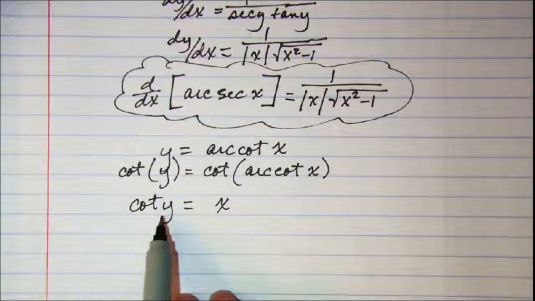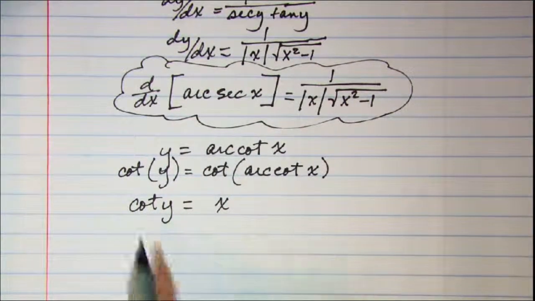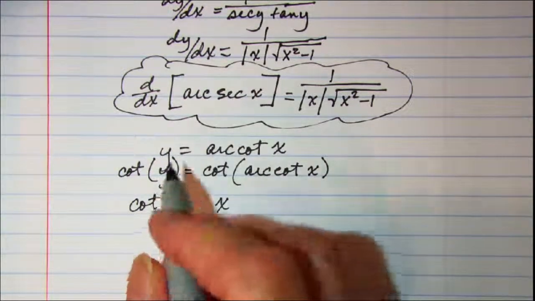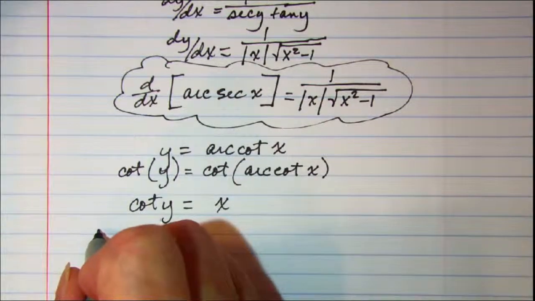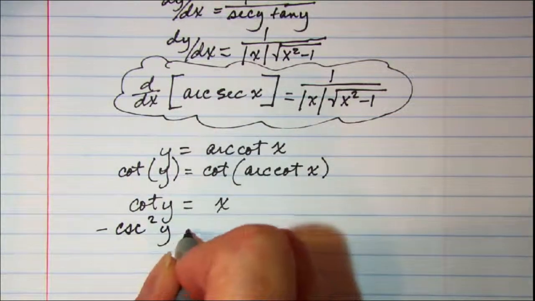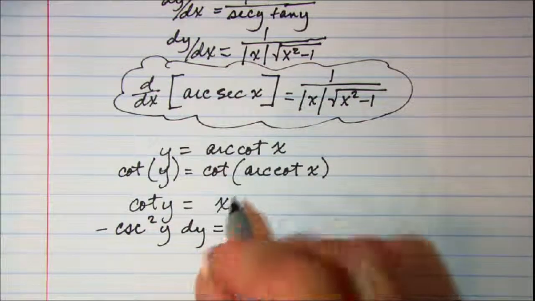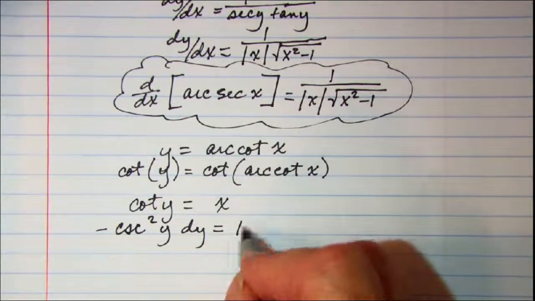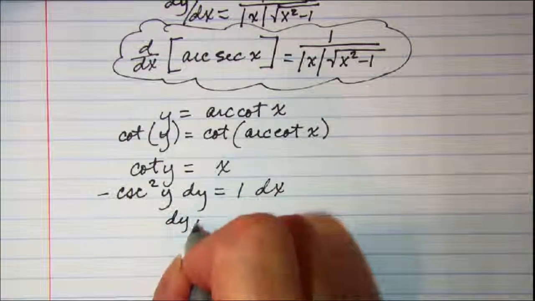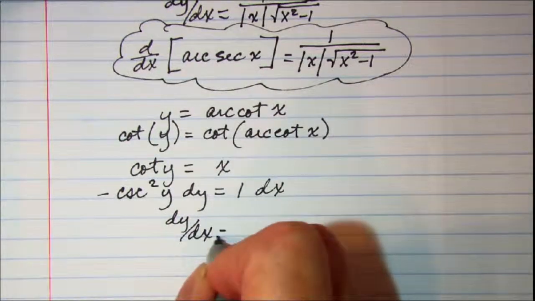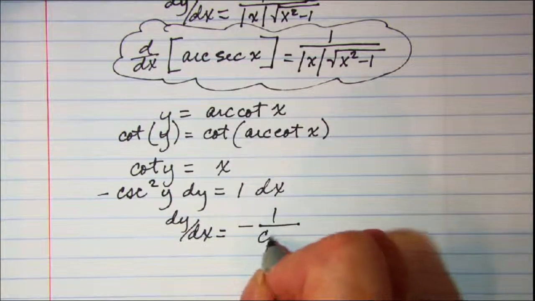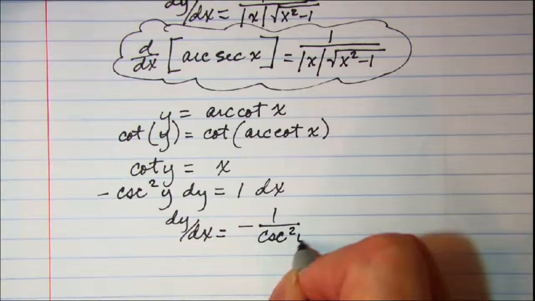So now if we differentiate both sides of this equation, the derivative of cotangent y is a negative cosecant squared y dy, and the derivative of this side is just 1 dx. So now we have dy dx is equal to a negative 1 over cosecant squared y.